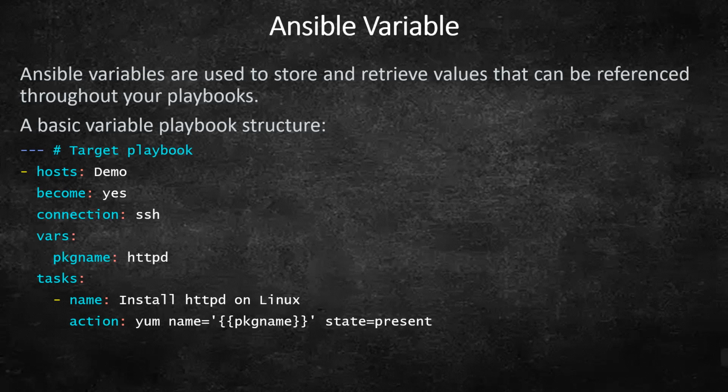Okay, so actually, what is the benefit? Suppose there is a value, let it be an IP, and we have to change this IP in your program in 15 places.